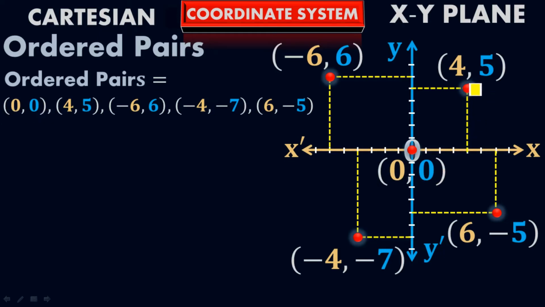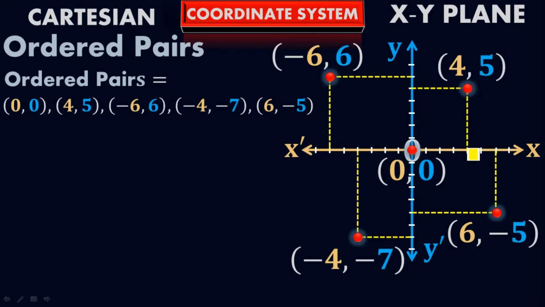At this point, we have positive 4 along the x-axis and positive 5 along the y-axis. This point comes inside the first quadrant. In the first quadrant, both the value along the x-axis and the value along the y-axis are positive. We have positive 4 along the x-axis: positive 1, 2, 3, 4.